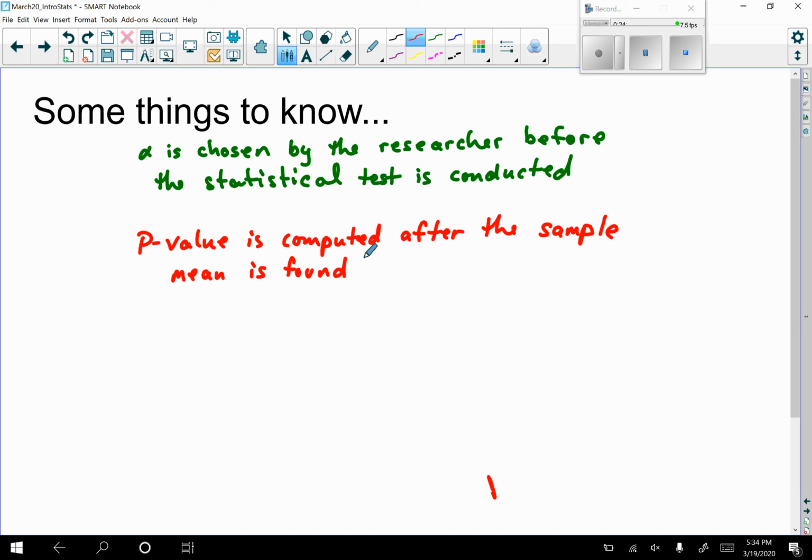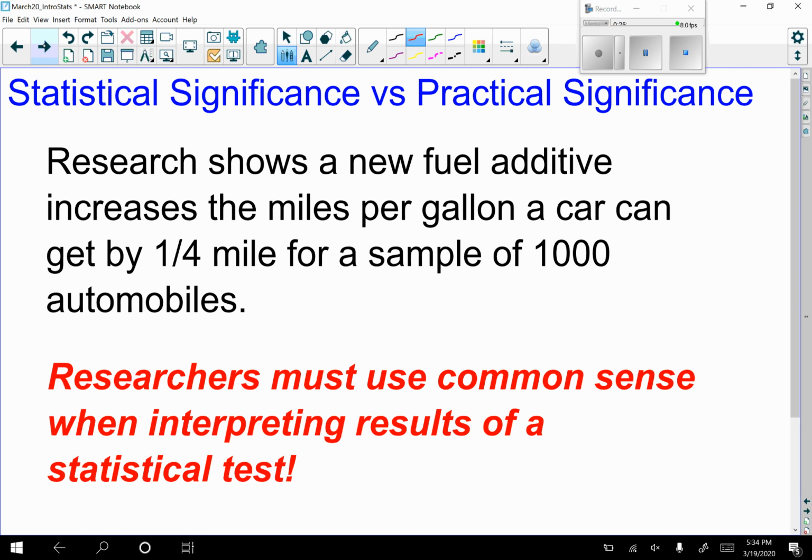Now, even if what our statement says at the end leads us to support a claim or reject a claim, we still have to use common sense on what it's saying. So here's a good example. Statistical significance versus practical significance. If a researcher shows a new fuel additive increases the miles per gallon a car can get by 1/4 of a mile for a sample of 1,000 cars, is it going to be practical?